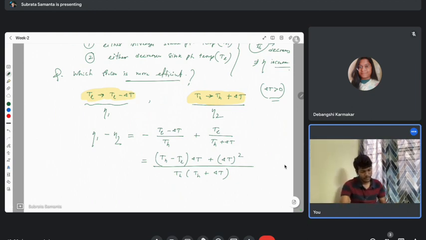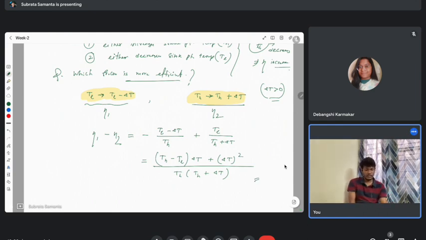Right? So we check that, and yes, I think this is right.